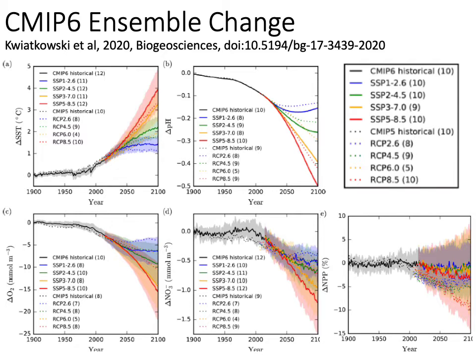showing the increase in temperature, decrease in pH with acidification, and declines in productivity and oxygen and surface nitrate.